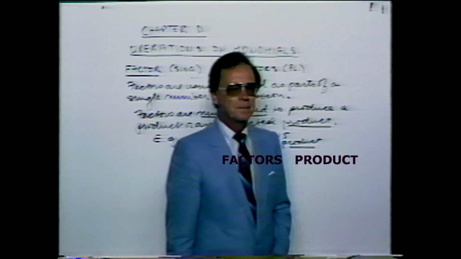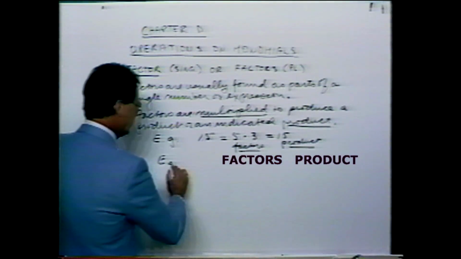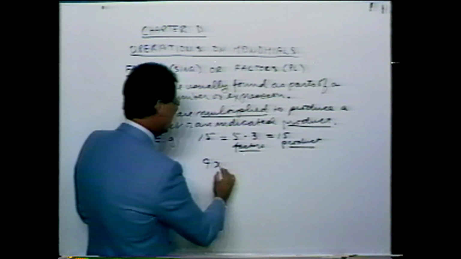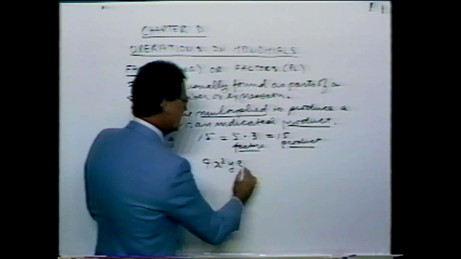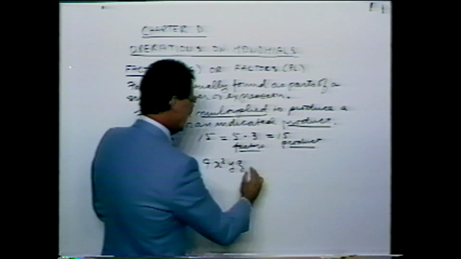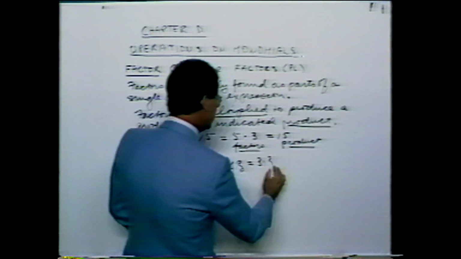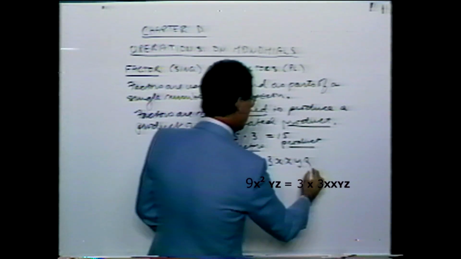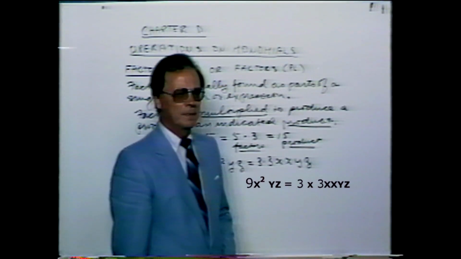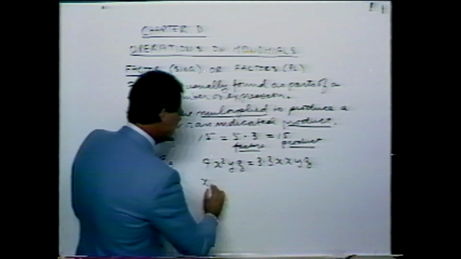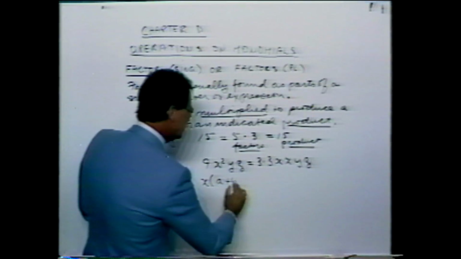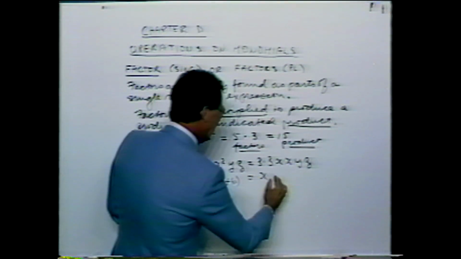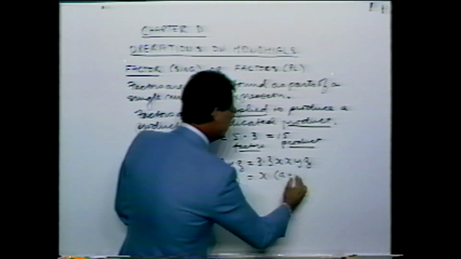Another example. 9x squared yz. The factors are 3 times 3, x times x, y times z. Another example. x multiplied by a plus b. The factors are x and a plus b.